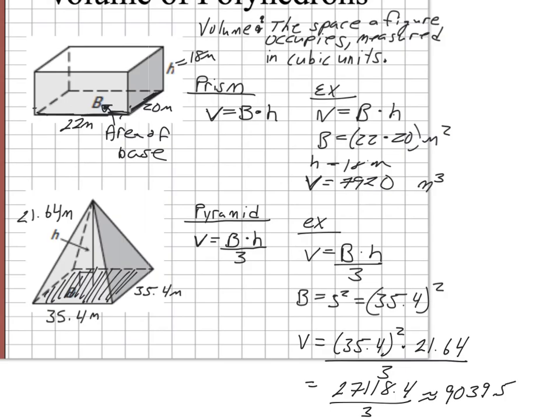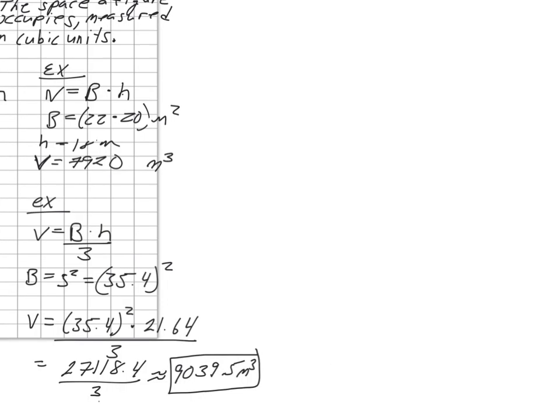And then our units, because we had meters, meters, and meters, m times m times m is m cubed, or cubic meters. And so the volume of the square pyramid of the Louvre that is above ground is 9,039.5 cubic meters.